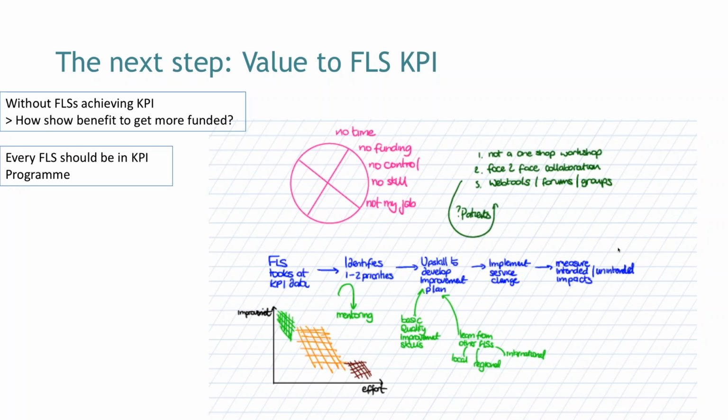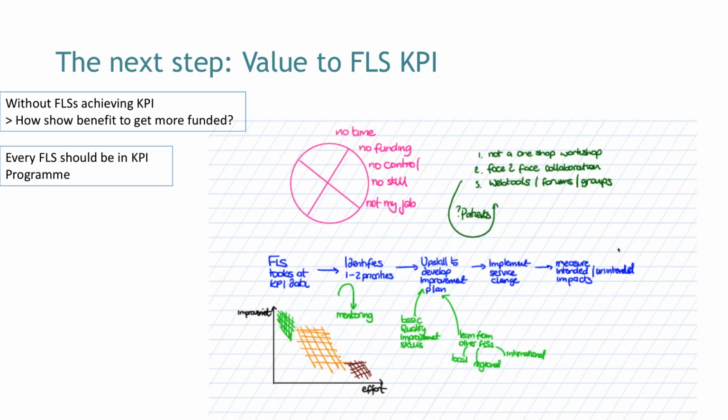In the blue, we have the sort of flow, and we've got FLSs looking at their key performance indicator data, identifying top priorities, upskilling to develop an improvement plan, implementing the service change, then using the same KPIs to measure intended and unintended impacts.